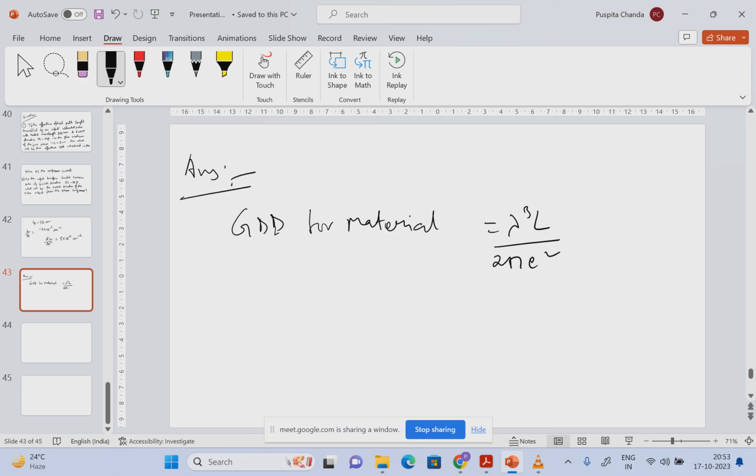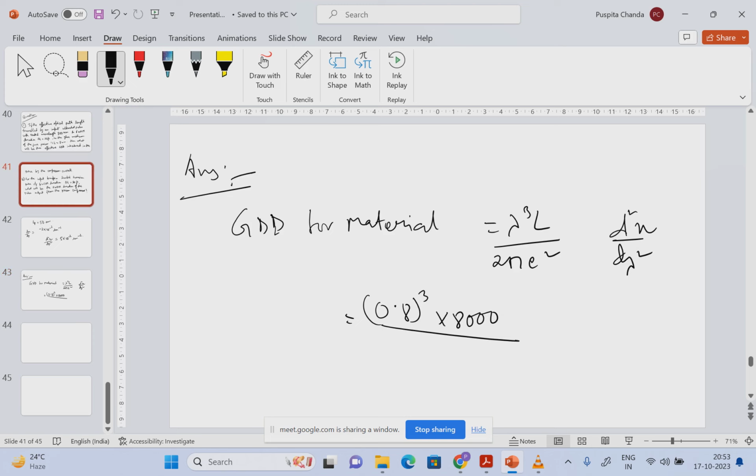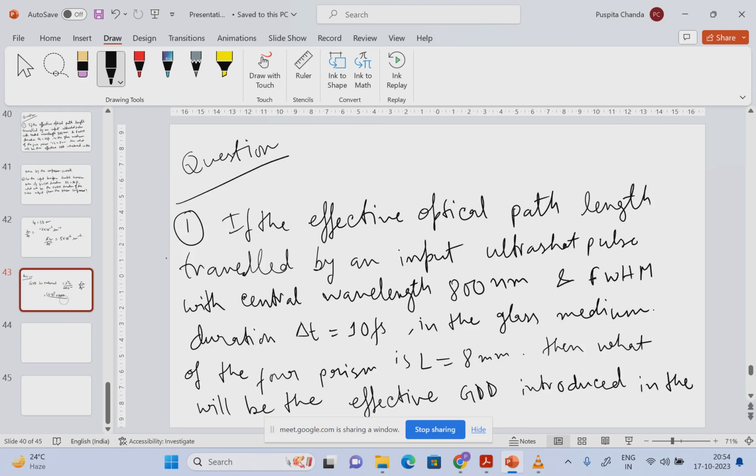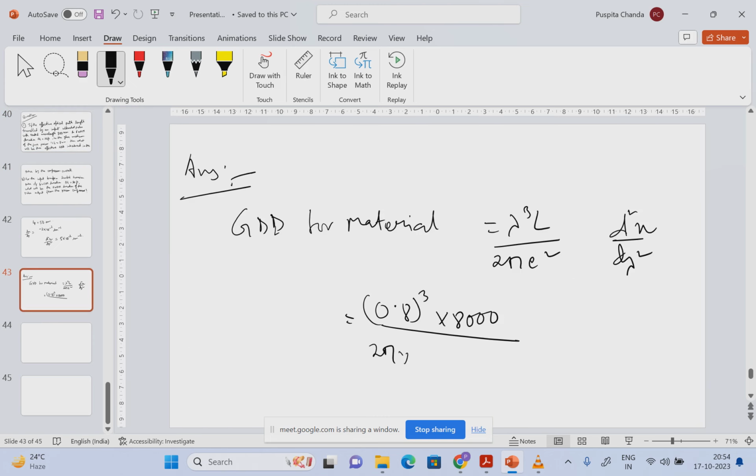Putting all the values in micrometer, 2 pi into 3 into 10 to the power 8 into 10 to the power 6 whole square into 5 into 10 to the power minus 2.